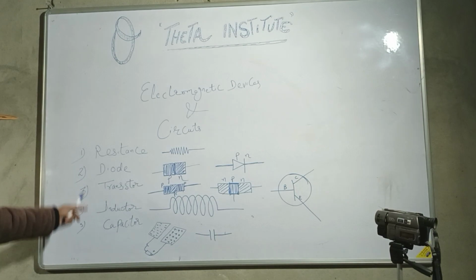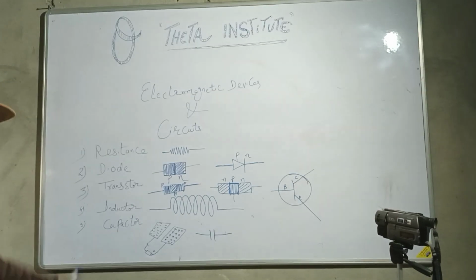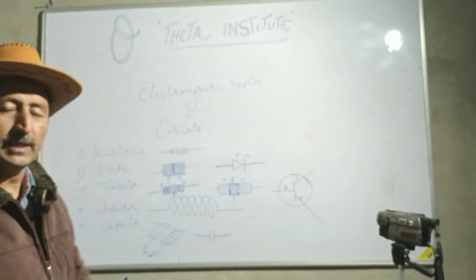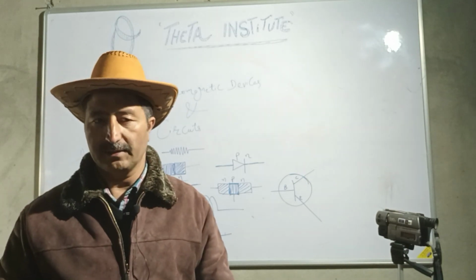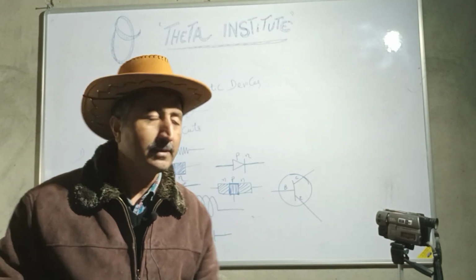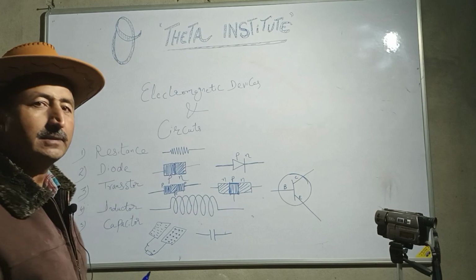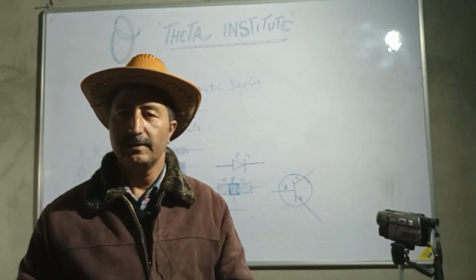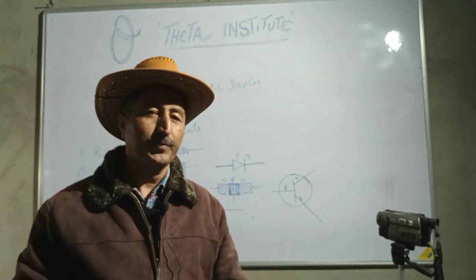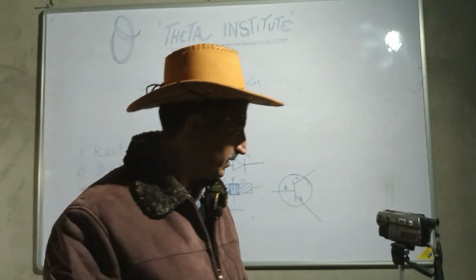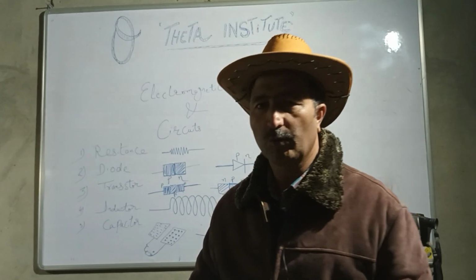Now these are the main things which are used in electronic devices. In this unit we will learn some basic circuits of electronics.